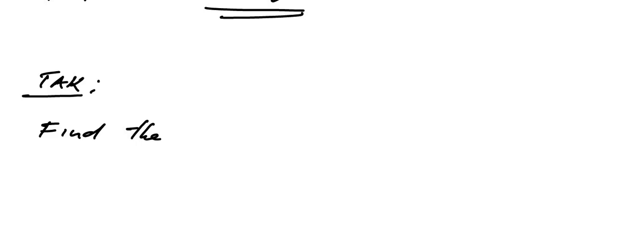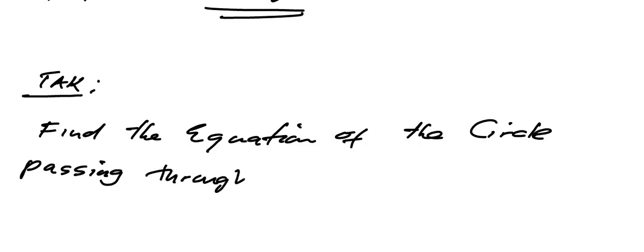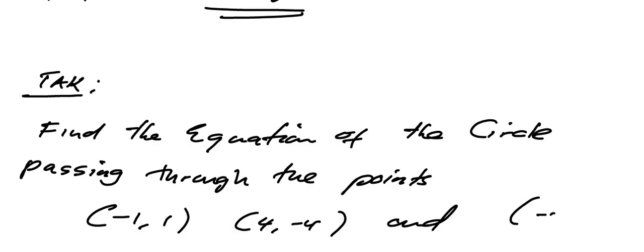Find the equation of the circle passing through the points (−1, 1), (4, −4), and (−4, −6).